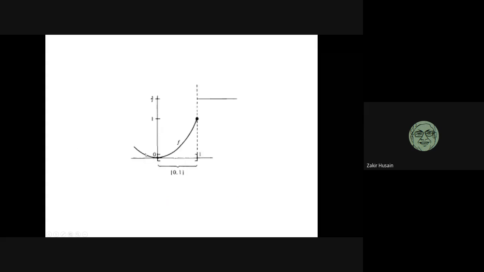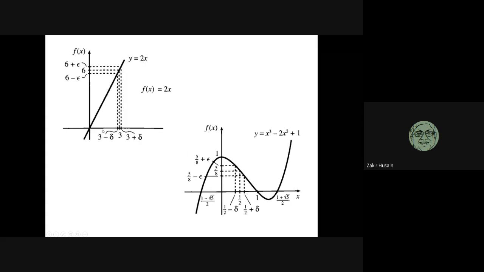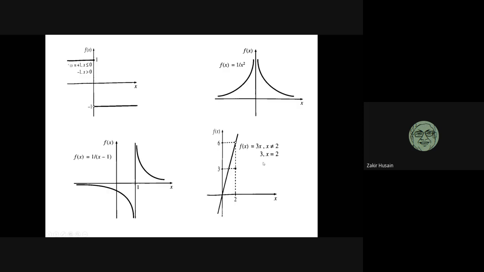Over here, a is not the boundary point. A is a point within the interval. So over here, we can see that in this range, it is perfectly continuous. y equal to 2x also is continuous. So these are continuous sets.